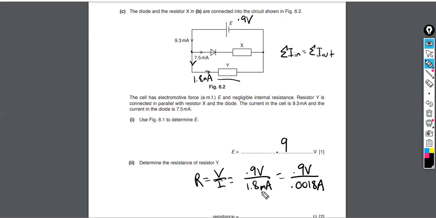This was the conversion that you all needed to do to get your lab work correct last week. You needed to convert those milliamps into amps to get ohms of resistance. So 0.9 volts divided by 0.0018 amps is exactly 500 ohms.